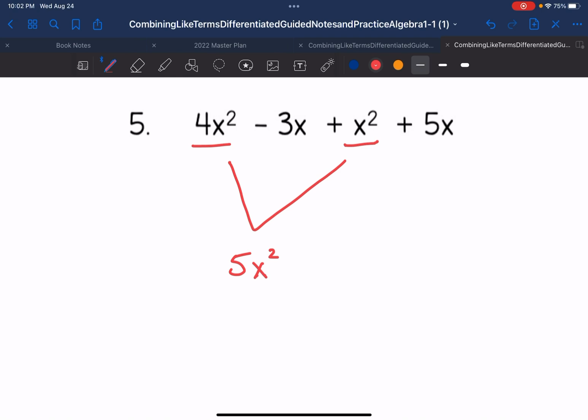Leave it as x squared. And then I'm going to say, oh, here's one with just a negative x. Here's one with an x. I can combine those two together, and I'm going to get plus 2x. And this is our new simplified equation.